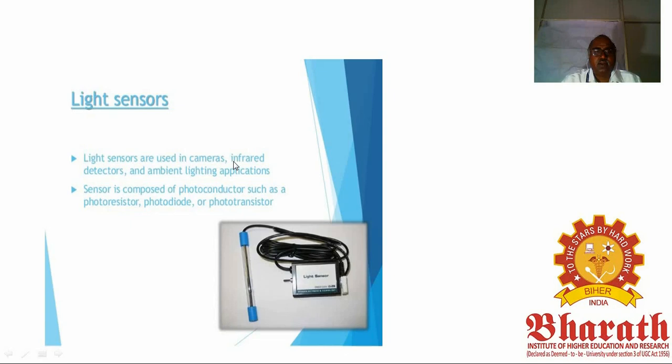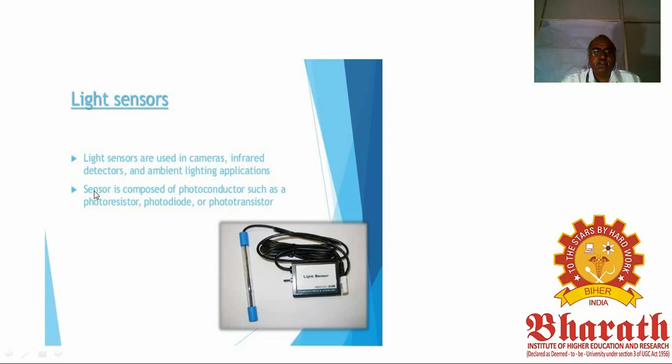It does not only take the visible light as an input. Sometimes infrared information is required, which is also taken from these types of sensors with certain modification in their material nature. They are well suited for maintaining the ambient lighting.